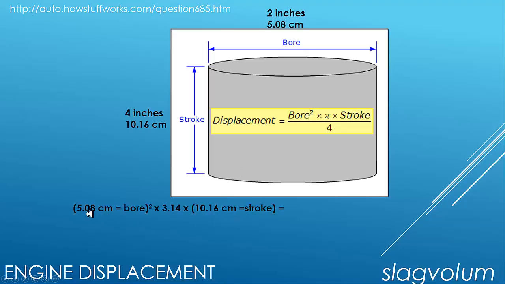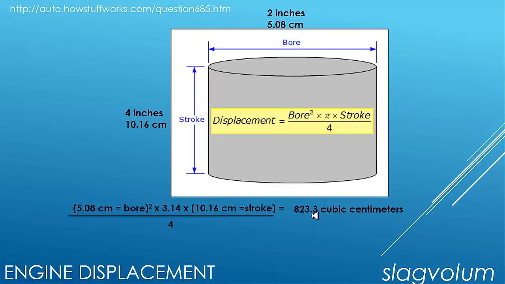We take the bore, 5.08 centimeters, to the second power, times pi, and pi, you know, is 3.14, times the stroke, which is 10.16 centimeters. And that gives us 823. We can just round it up to 830 cubic centimeters.